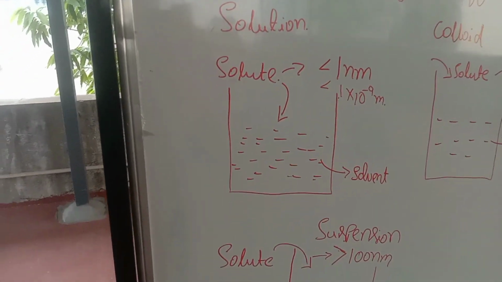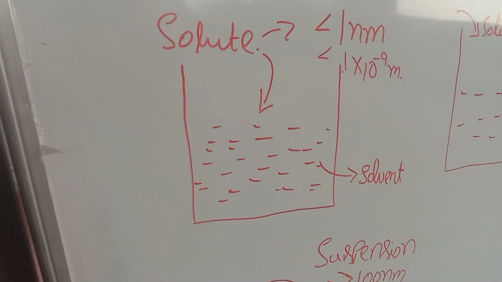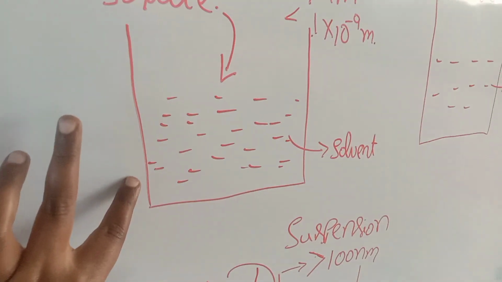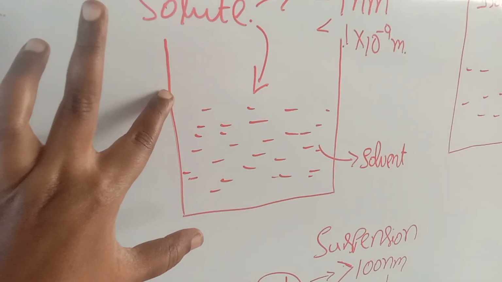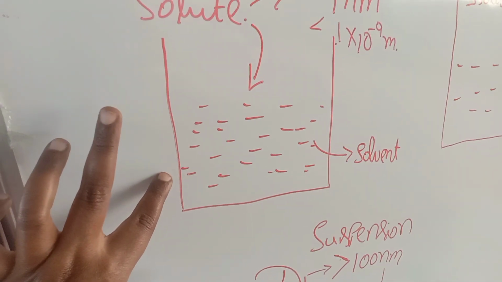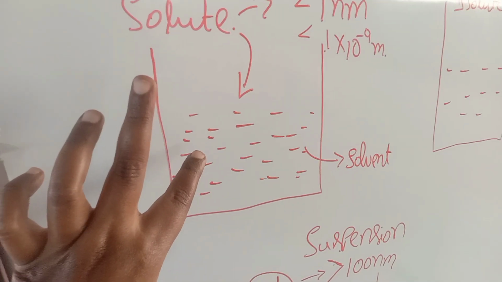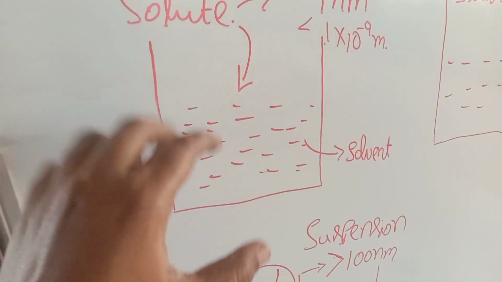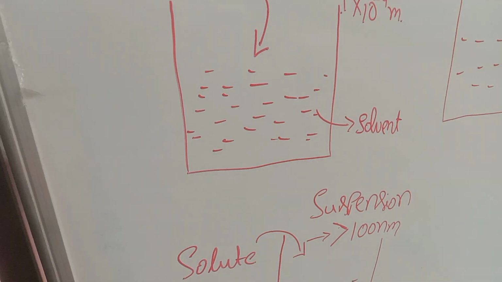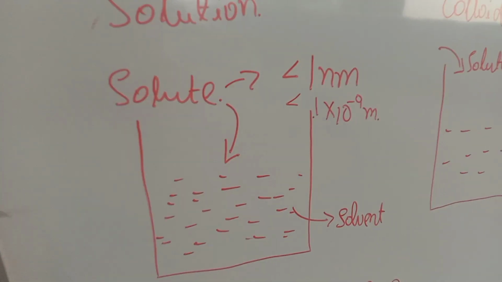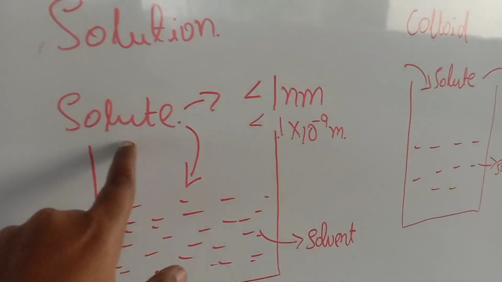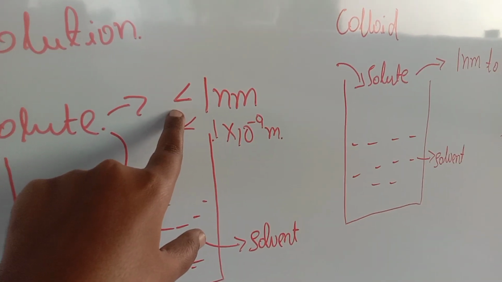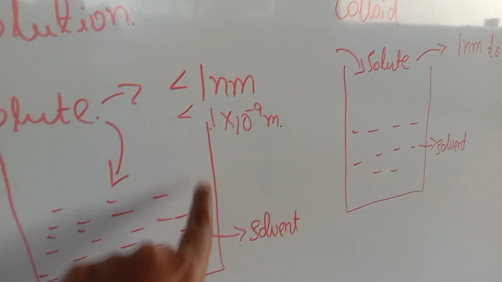The type of solution here is homogeneous because we can find the same composition throughout this solution because of uniform dissolving of solute, or salt. And here the size of the solute is less than 1 nanometer, which is equal to 10 power minus 9 meter.